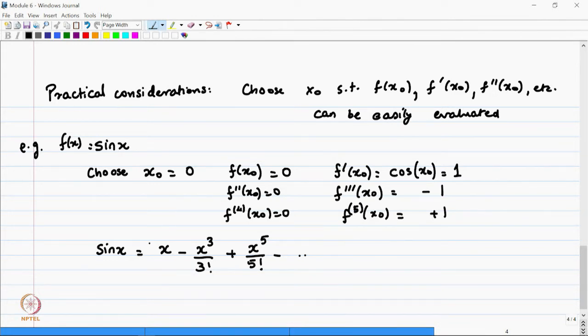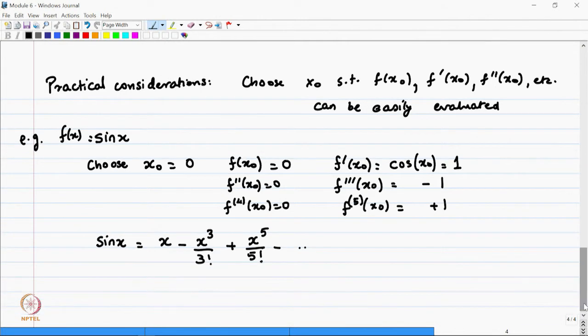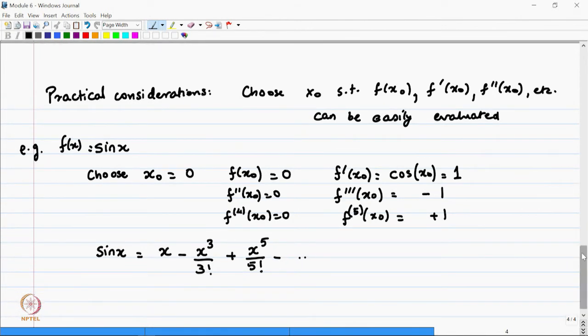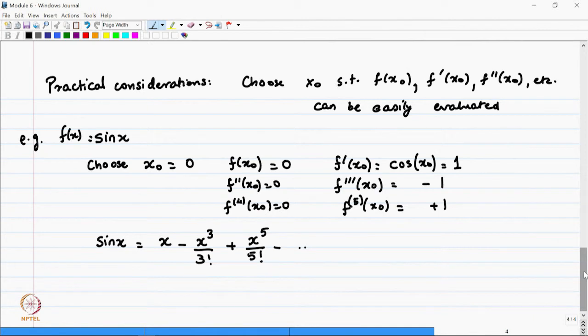Now, this is very useful because you can look at limiting behavior, you can compare with polynomials, you can do all kinds of things. So, Taylor expansion is a very practical and useful thing to do. When your derivatives go to 0, you can immediately identify maxima and minima also.